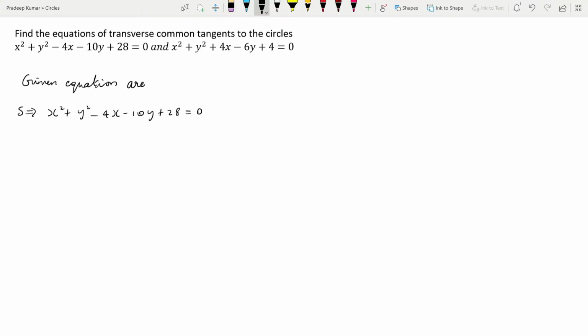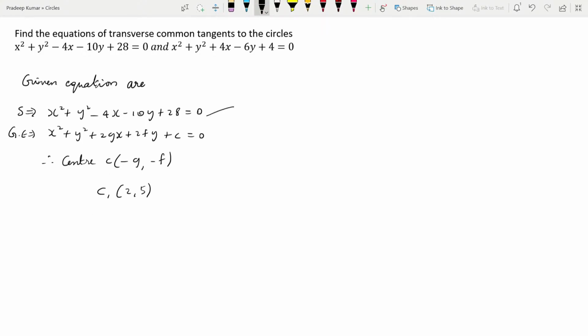This equation I'll compare with the general equation of the circle, that is x square plus y square plus 2gx plus 2fy plus c equal to 0. The center is minus g comma minus f. When we compare the given equation and the general equation, the center we get is 2 comma 5. I'm writing this as center 1, that is C1.